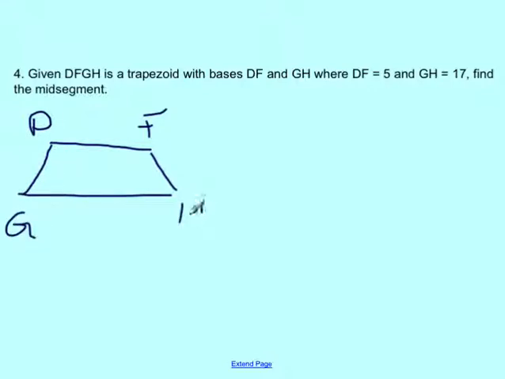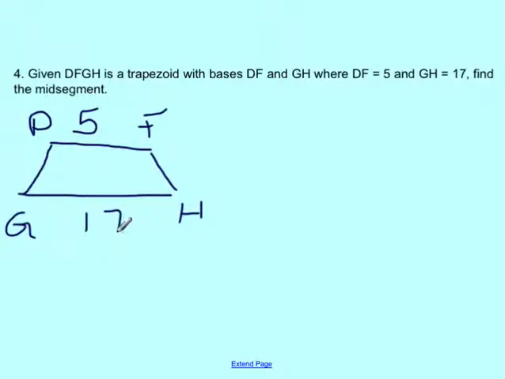Now let's take a look at number 4. Given DFGH is a trapezoid, so let's go ahead and draw a picture, with bases DF, so DF needs to be one of my straight lines, and then also GH. Okay, DF is going to be 5, GH is going to be 17. Find the midsegment.